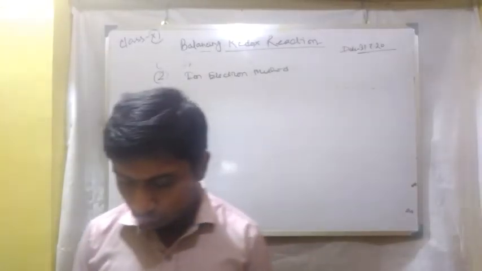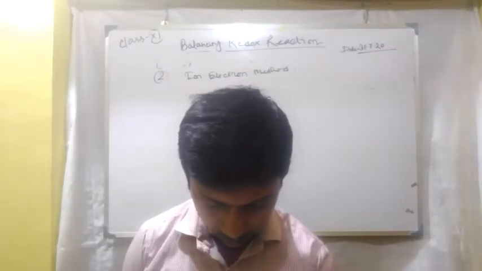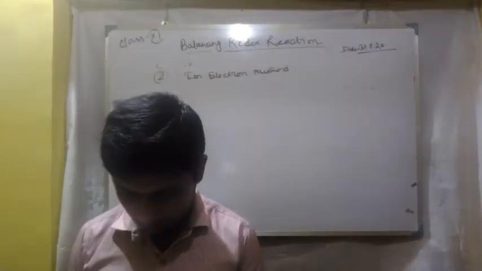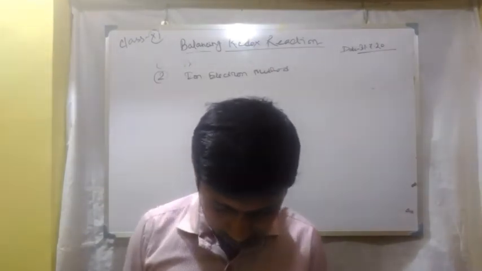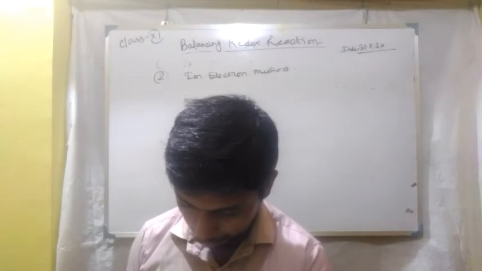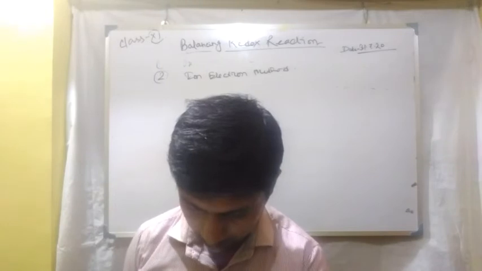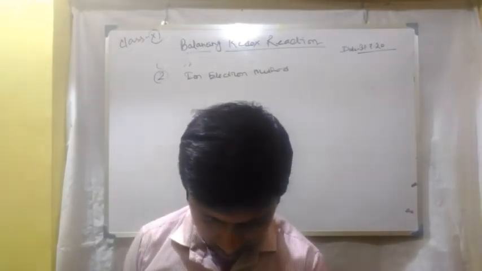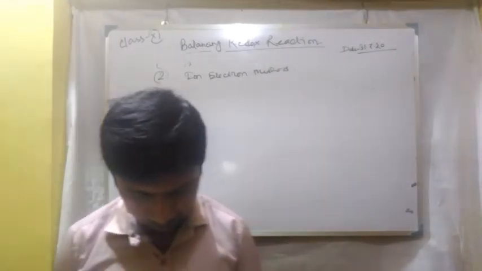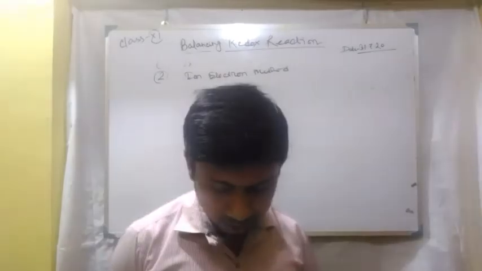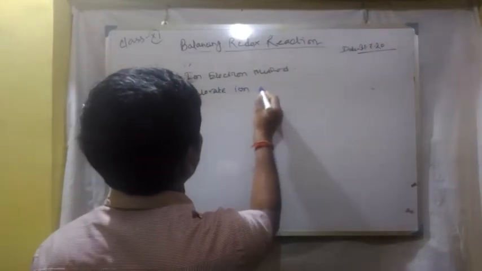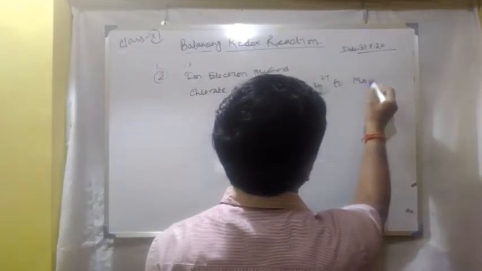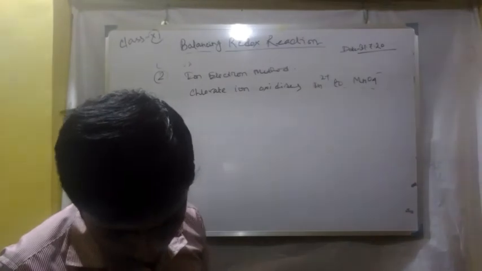Chlorate ion oxidizes Mn2+ to MnO2. Okay, so chlorate ion oxidizes Mn2+ to MnO2.